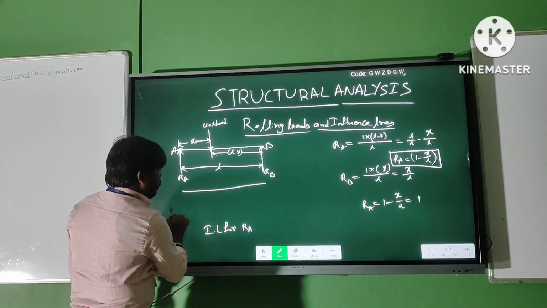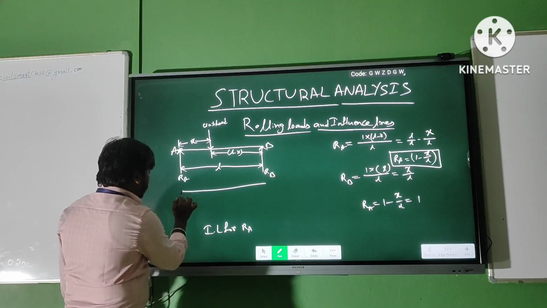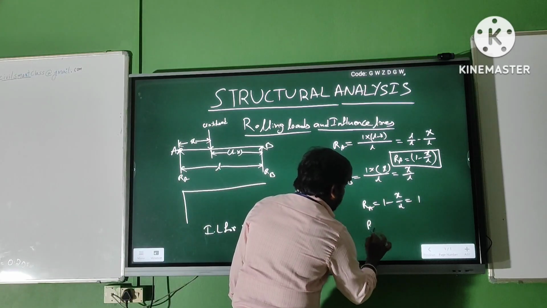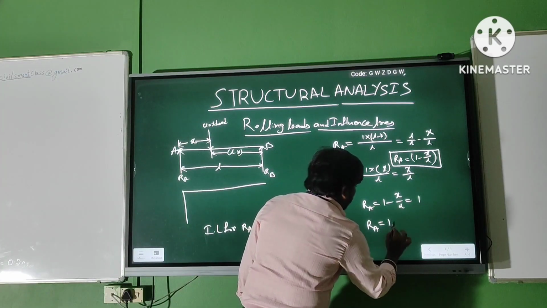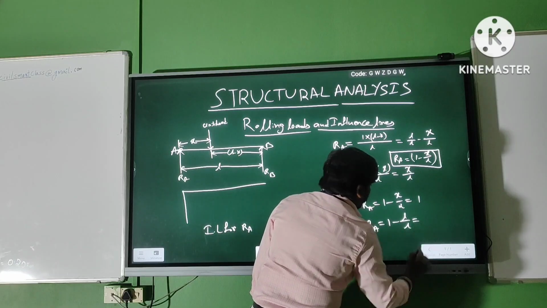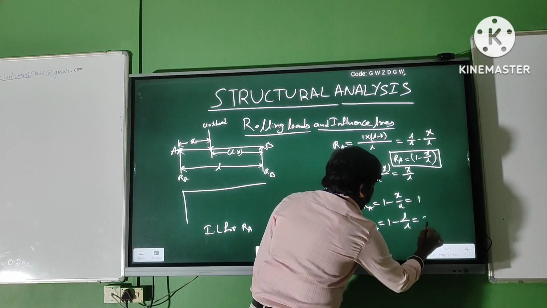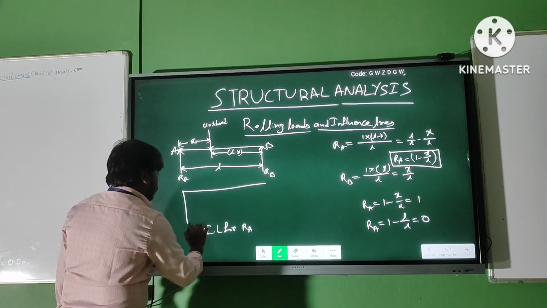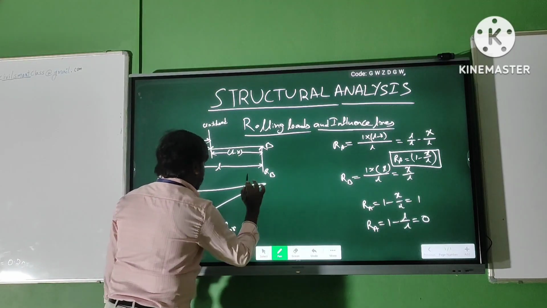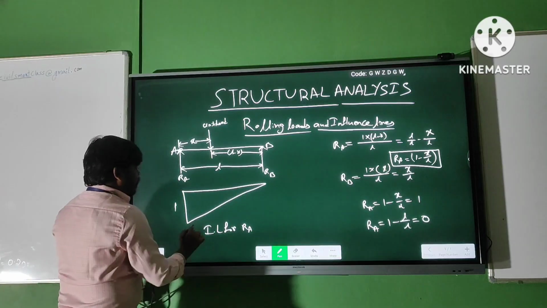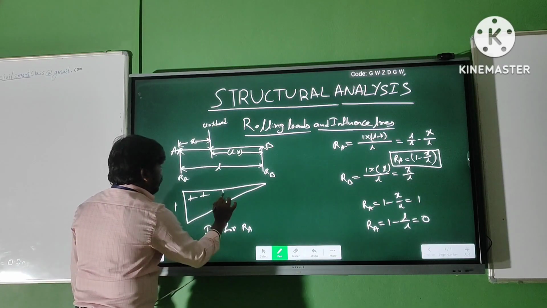And if we substitute X equals L, RA equals 1 minus L by L. Here we will get 0. This is how we can draw the influence line for RA. This is all positive region.